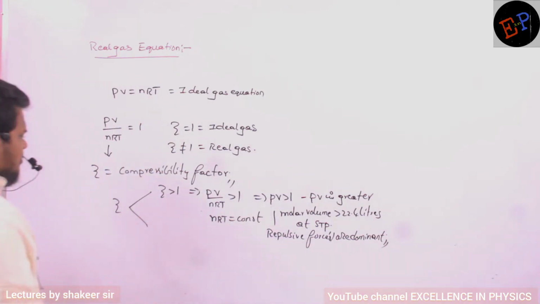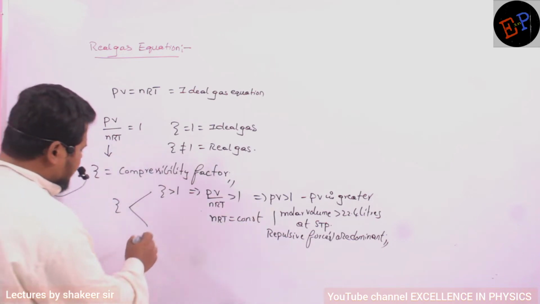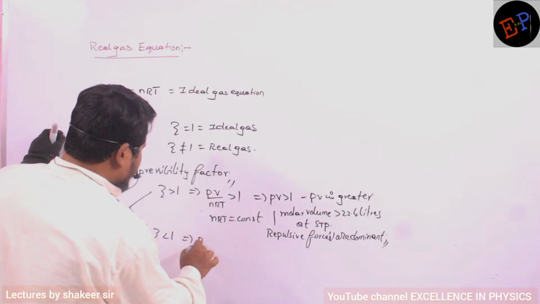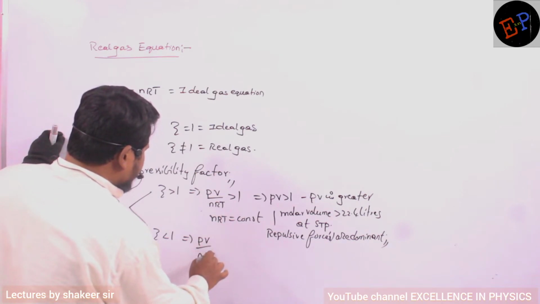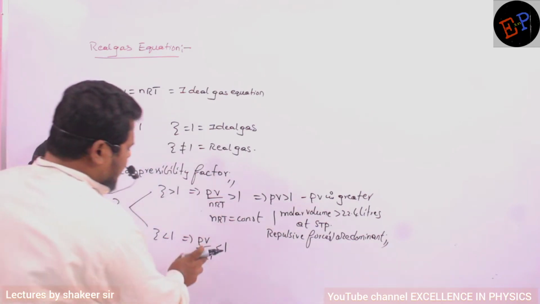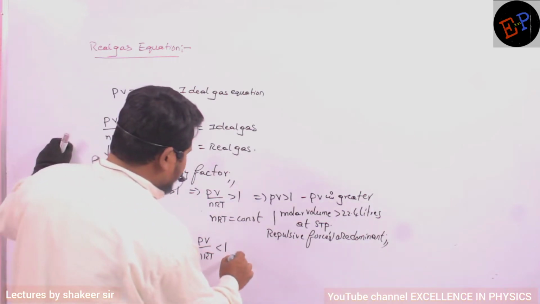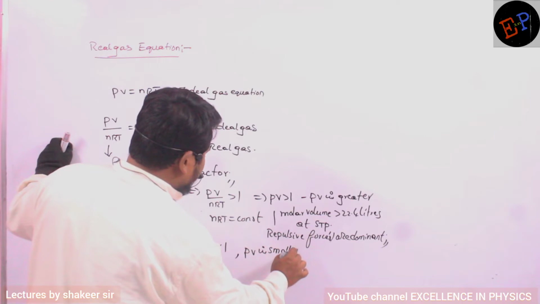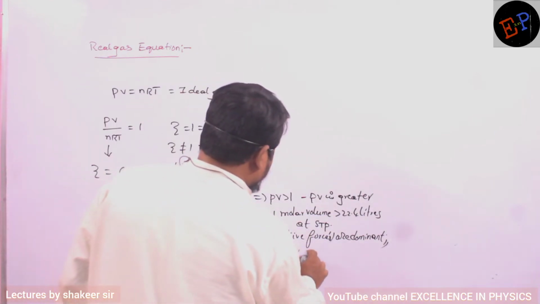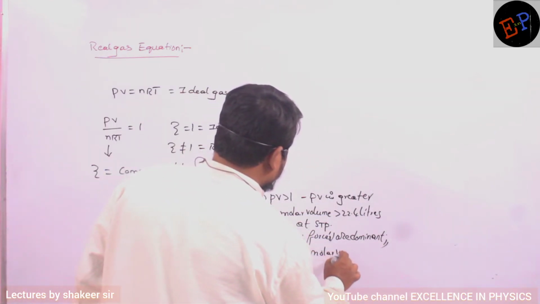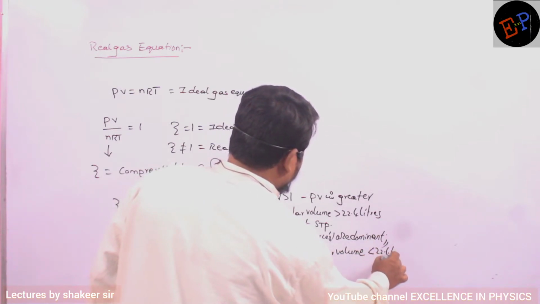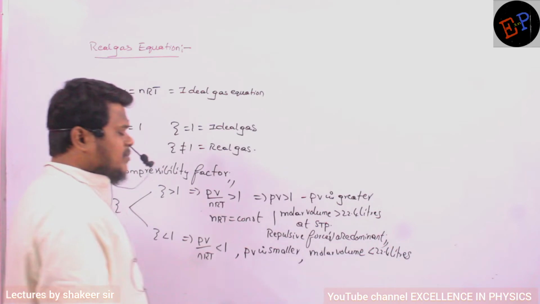Similarly, the exactly opposite condition: if Z value is less than 1, definitely I can say PV divided by nRT is less than 1. And nRT is a constant, so therefore I can say that PV is smaller. If PV is smaller, I can say that molar volume is less than 22.4 liters at standard temperature and pressure.